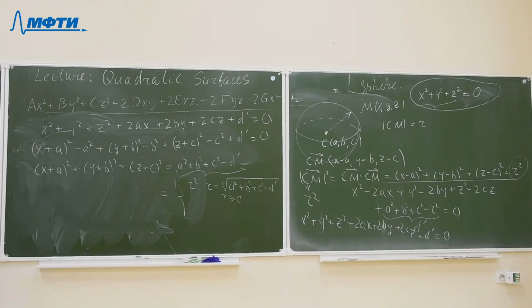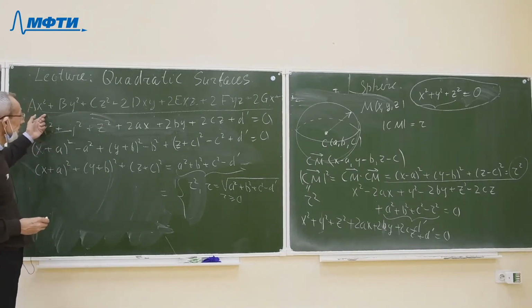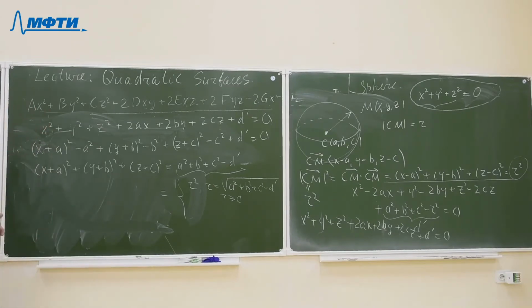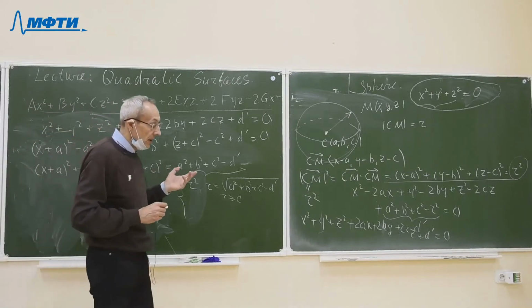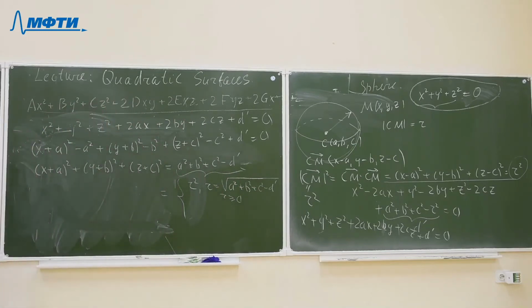Let's consider the same equation in the space, of such form, but let's suppose that the variable z is absent. And in this case, we obtain the equation of some second order curve in the plane. Yeah, question?